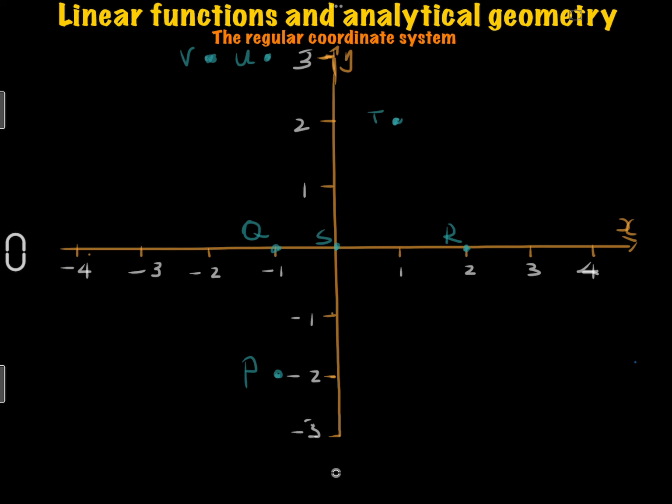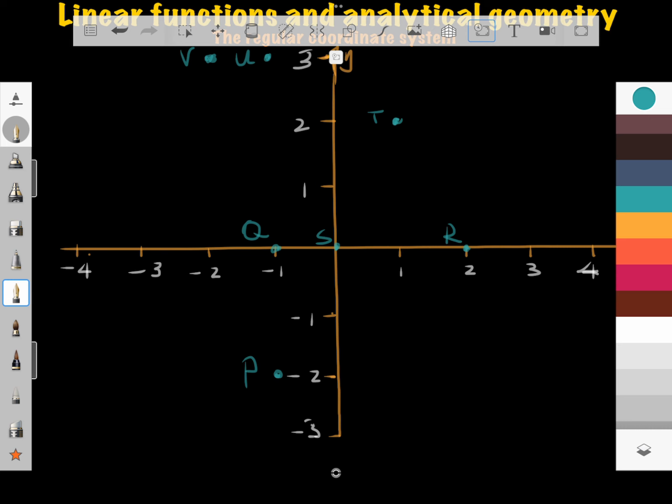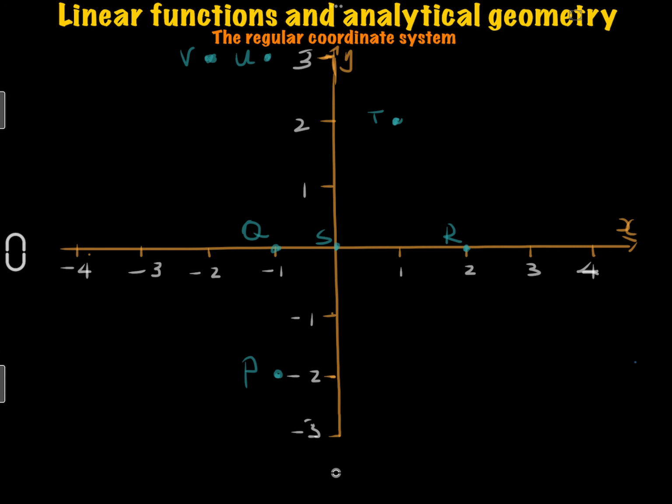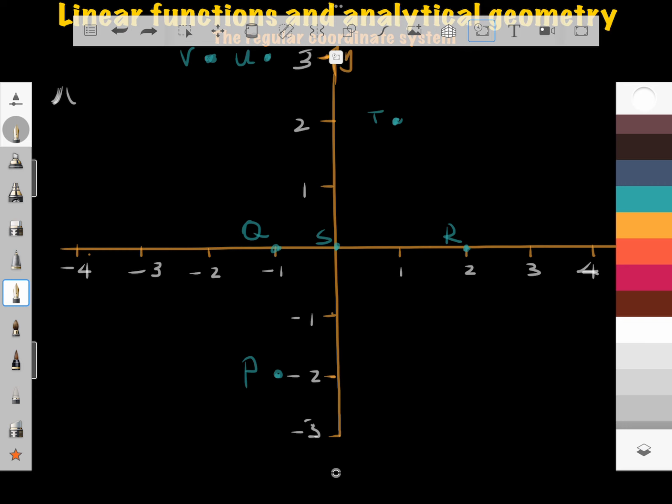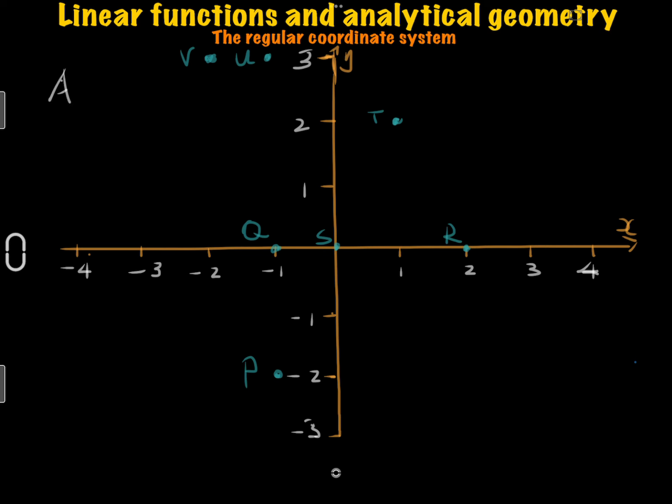So now to find the ordered pairs associated with each of the points given below, for instance, we find the distances between A and D. Now to find the distance between A and D, we need to use the distance formula.